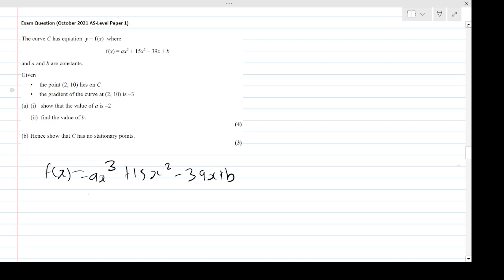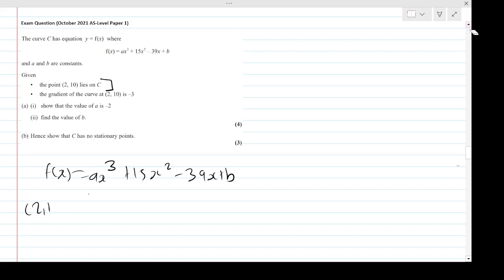We are given now that the point (2, 10) lies on C and the gradient of the curve at (2, 10) is minus 3. So this is going to be simultaneous equations. We've got two pieces of information and two unknowns, a and b. Well, firstly, let's work the first point. We're told the point (2, 10) lies on the curve.